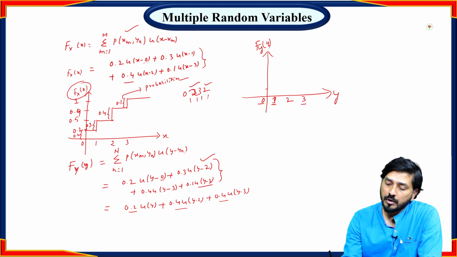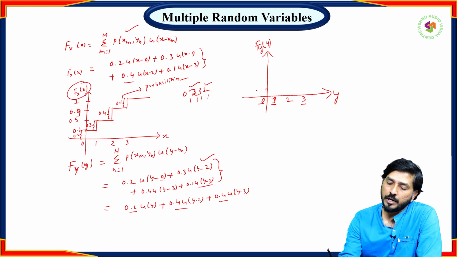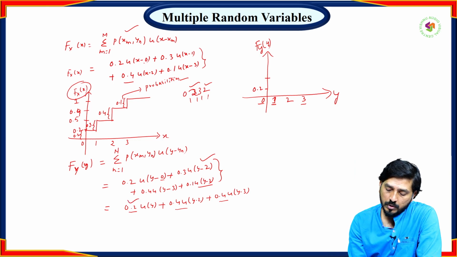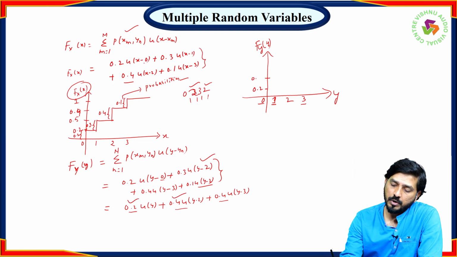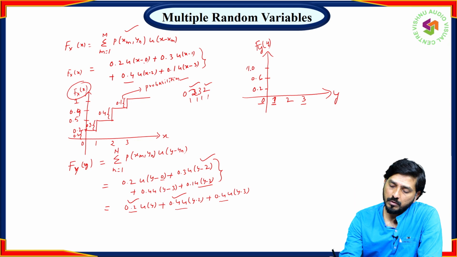Now mark the distribution values, cumulative values: 0.2, and then addition of 0.2 and 0.4 is 0.6, and addition of this 0.6 to 0.4 is equal to 1.